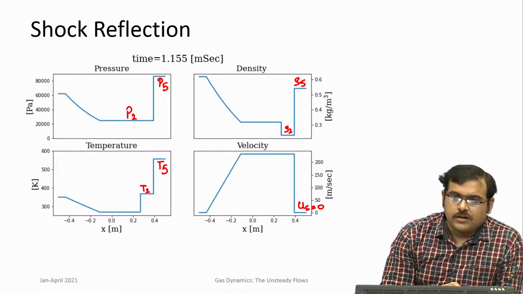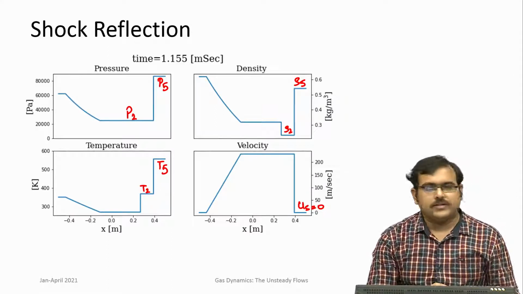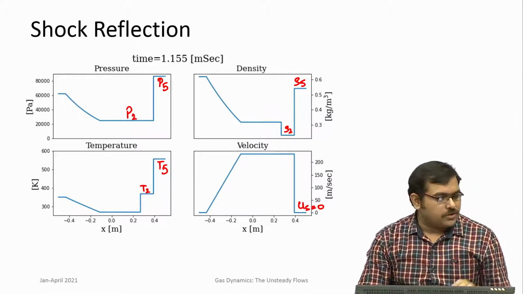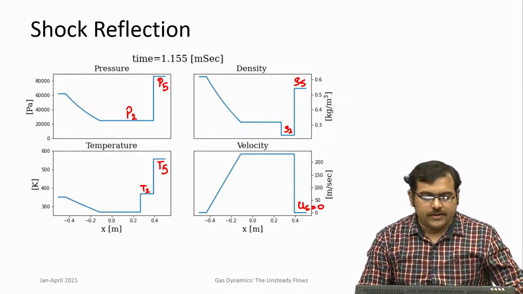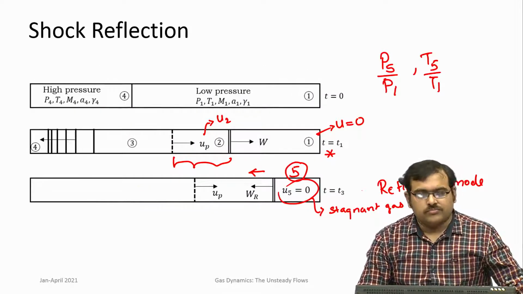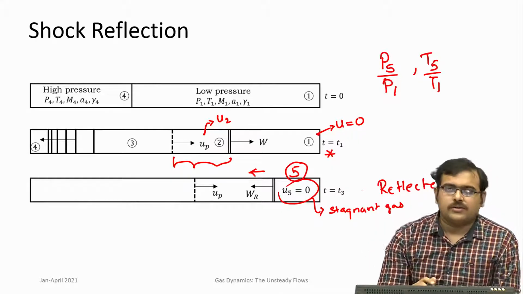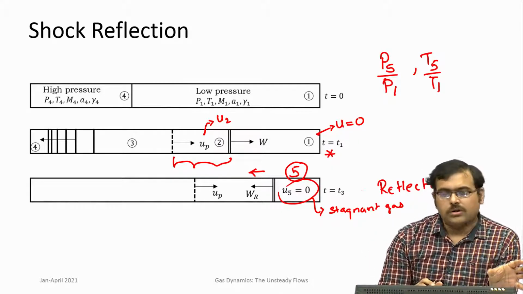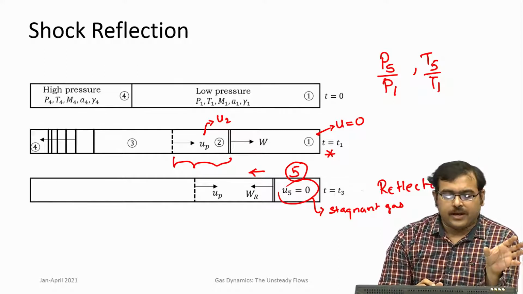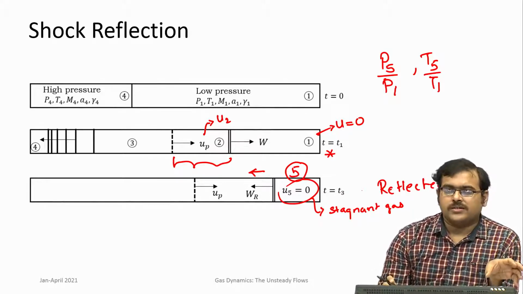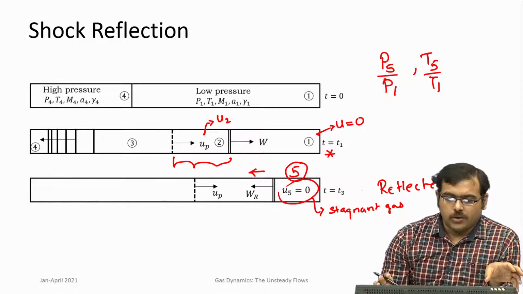So if you look at the flow features that are present in a shock tube, you understand that basically you started off, the initial condition is that you have region 4, which is the driver side, high pressure, and region 1, which is driven side, low pressure.